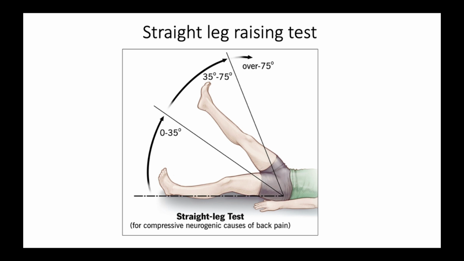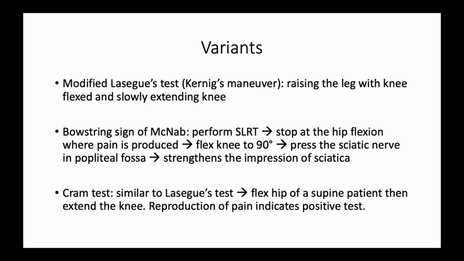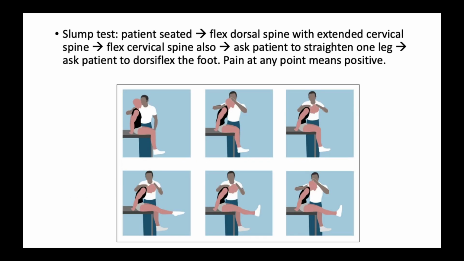At 35 to 75 degrees, pain that reproduces the patient's previous pattern is indicative of a positive test. There are multiple variants. Crossed leg SLR is more specific than straight leg raising. The other variants include Bragard's test, Koenig's maneuver, and the bowstring sign of McNab. Sitting SLR and slump test are the other two variants.